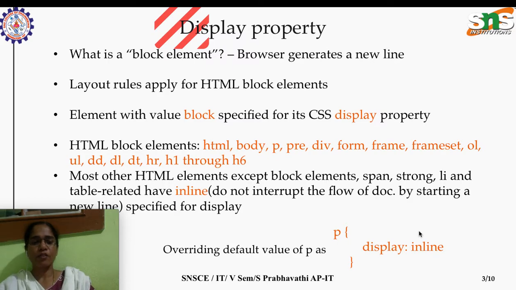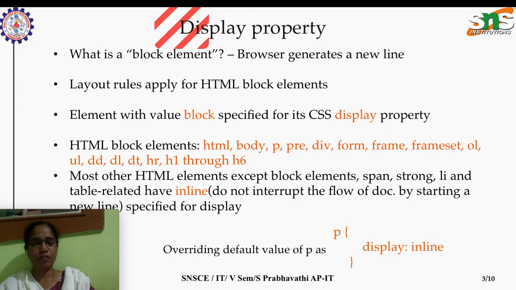So we can override the default value of block to be inline like this. By default the paragraph has the display property as block. We can change it into inline using this style, display colon inline. Now the paragraph will turn into an inline element. This is all about the display property.